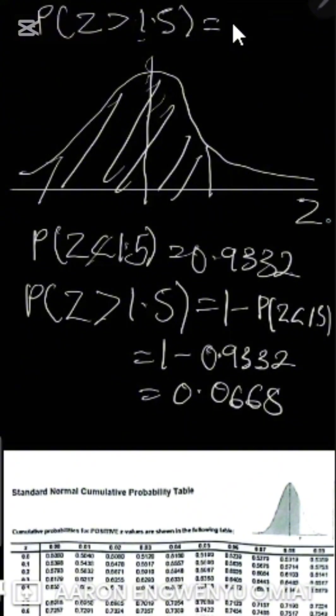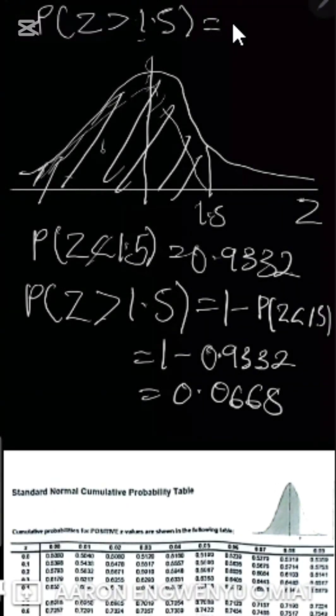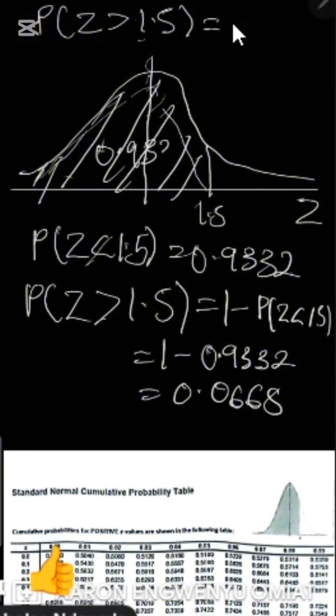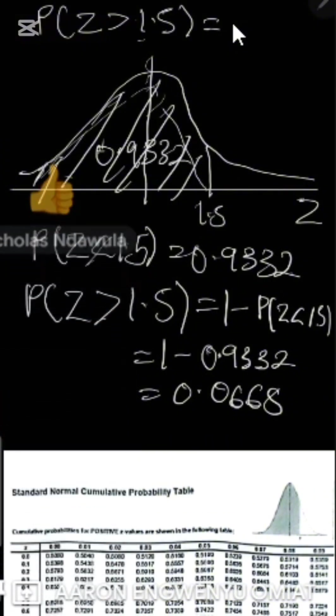This is the Z axis. So here it's 1.5. It's not probability. Probability is the shaded area, which is here. So this shaded area, if you were to calculate it, you would end up with 0.9332. Okay, so we are together. All right. So thank you for that.